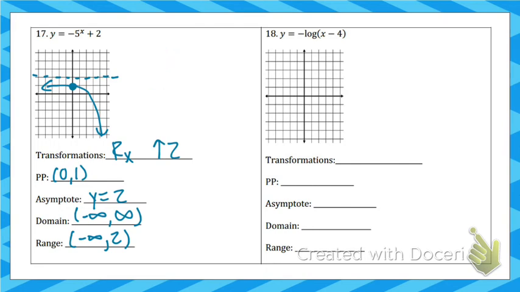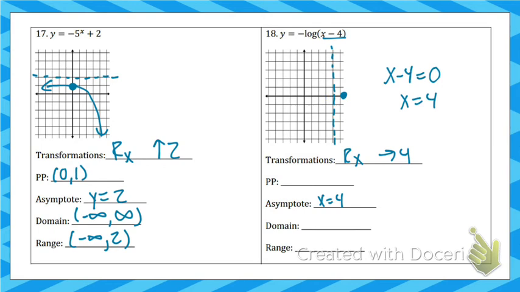All right, last one on the graphs, our log, reflection over the x, that's the negative out in front, and a shift right. To find the asymptote, we take x minus 4 and set it equal to 0. So we'll graph that first. Pivot point starts at 1, 0. We reflect it over the x, but that doesn't change it. Then we shift it right, 1, 2, 3, 4, and that is my new pivot point.